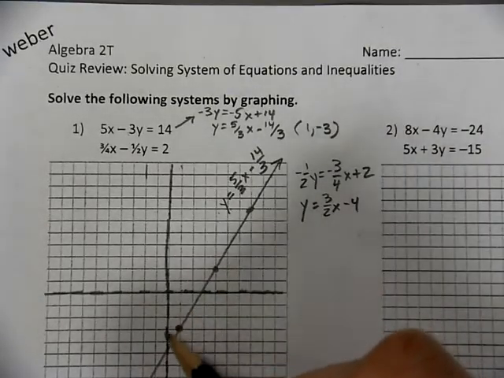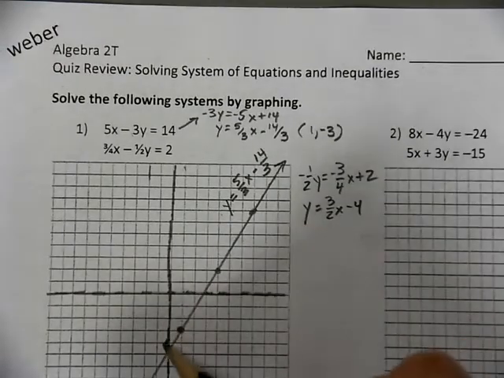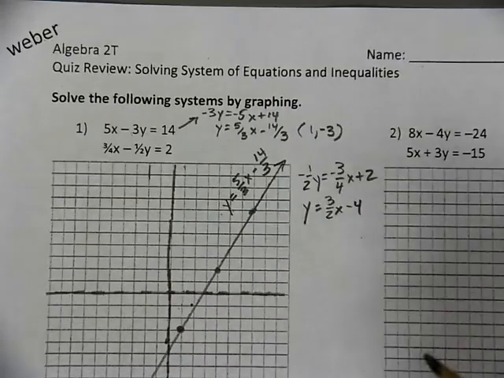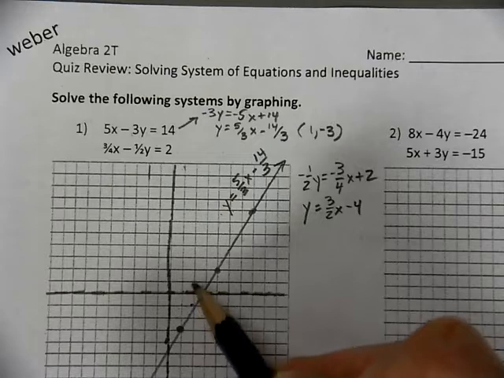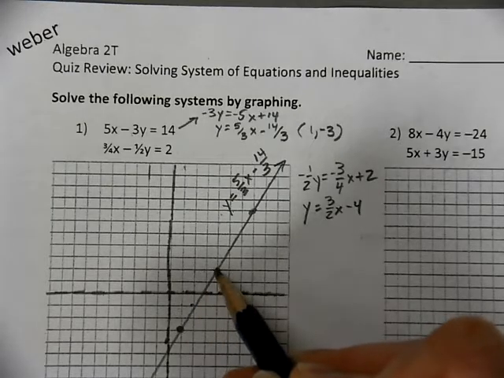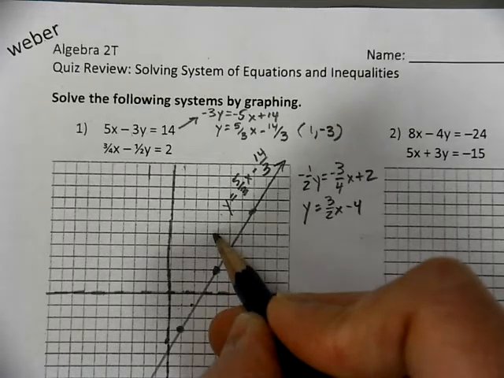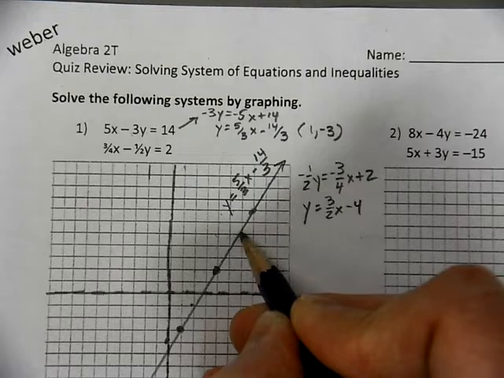So at 1, 2, 3, 4, that was almost right on it. We have a slope of 3 up over 2. Just missed it. Up 3 over 2. Right on it. There's the intersection. Up 3 over 2.